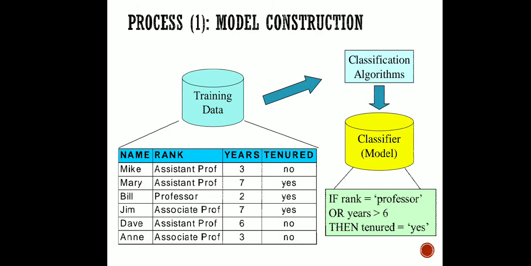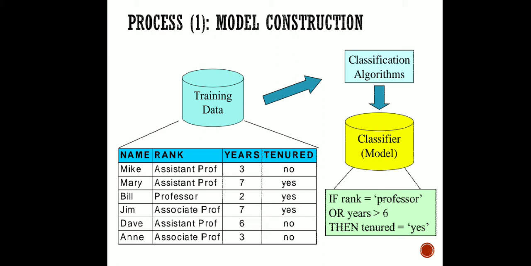You can see here, this is the first step, model construction. Just see here, the total table is the training data. It has three different attributes, namely name, rank, and years. Based on these three criteria, we are going to return either yes or no. There are two labels, one is yes, another is no. Now see, this is the data set I have.